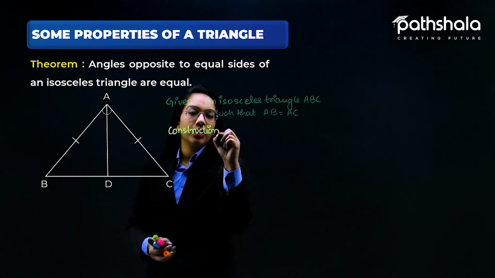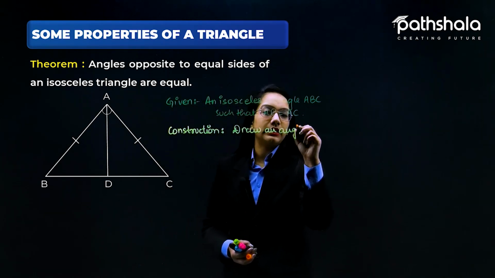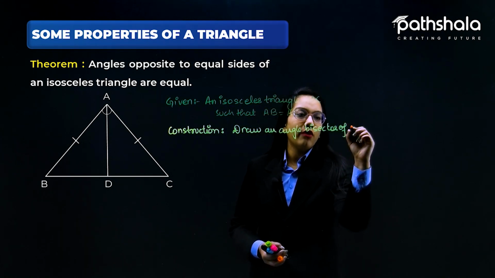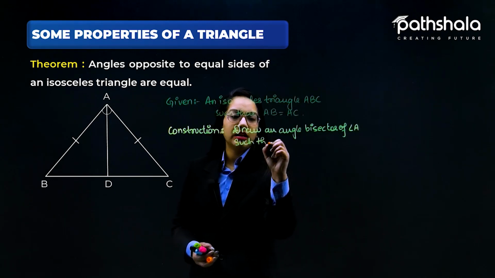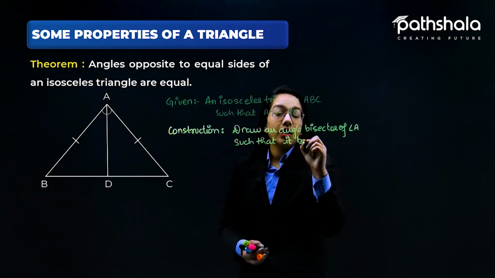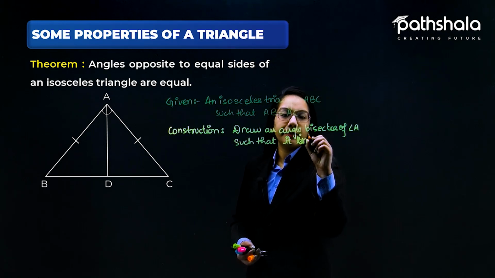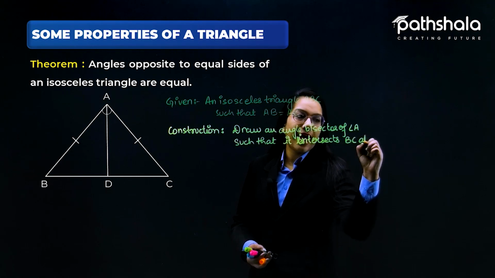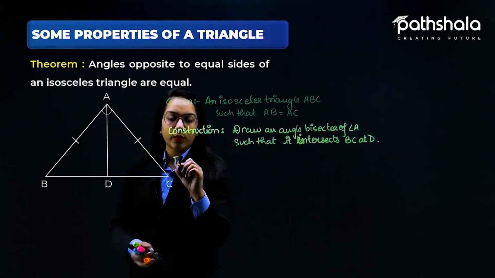In the construction, we have to draw an angle bisector of angle A such that it intersects BC at D. Now let's write what we have to prove.